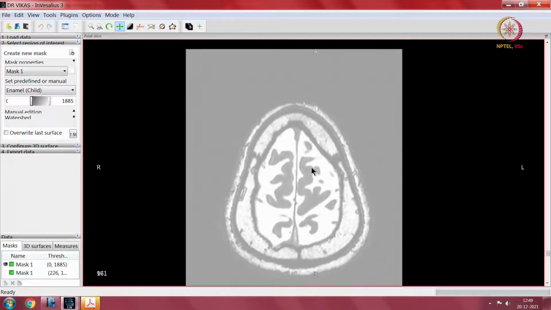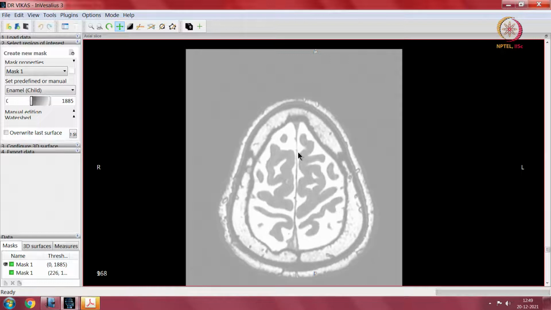As opposed to the T1, you can distinctly see this gray line over here, which is splitting it into two halves, and this gray line is the falx cerebri. Now that we have identified the falx cerebri and said that this is the left cerebral hemisphere, right cerebral hemisphere, and we have acknowledged the presence of gyri and sulci, we need to look at the midline.